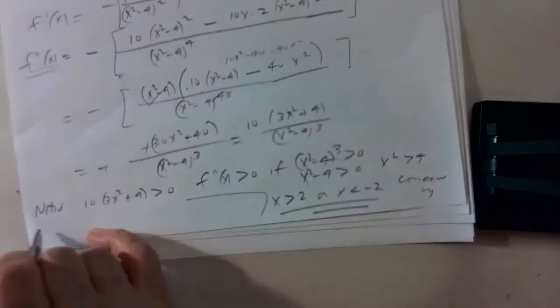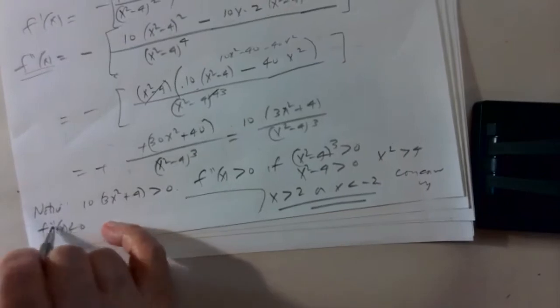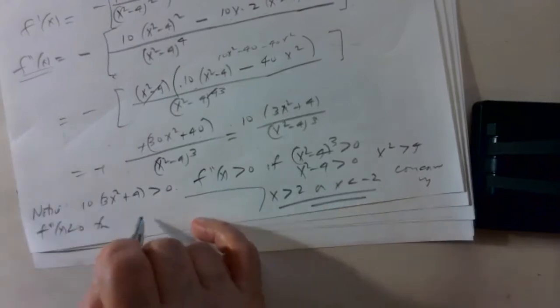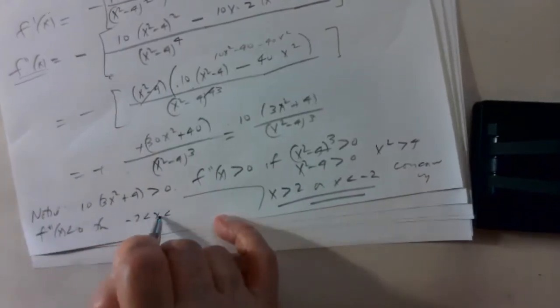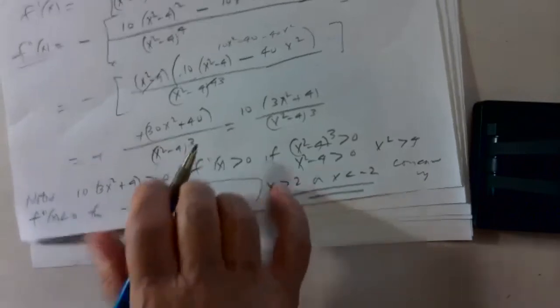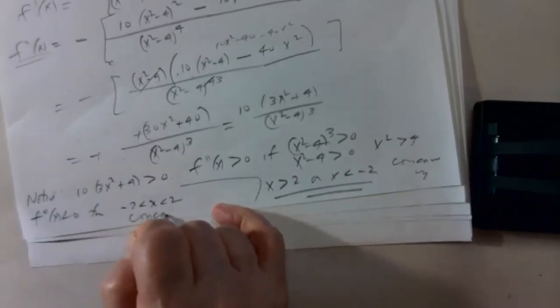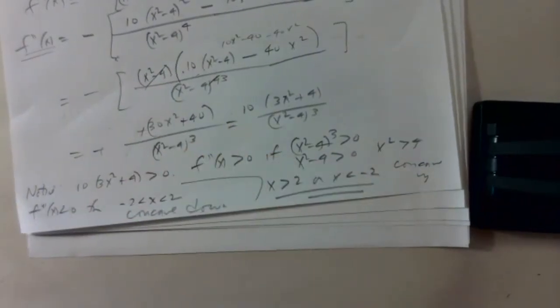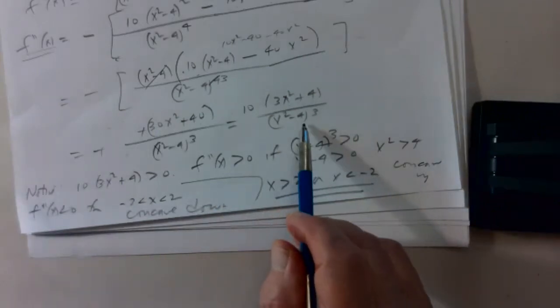Alternatively, f double prime is negative if x squared is less than 4. So x is between minus 2 and plus 2, and in this interval, the curve is concave down. So this is the second derivative.